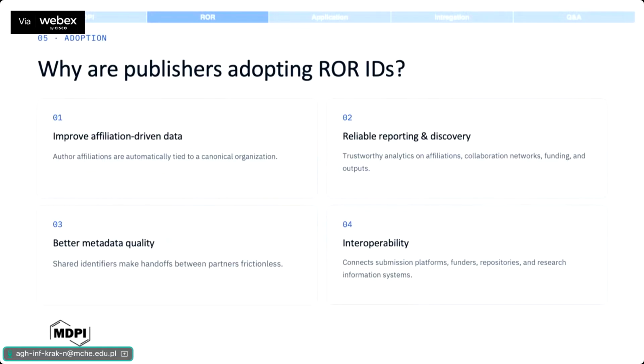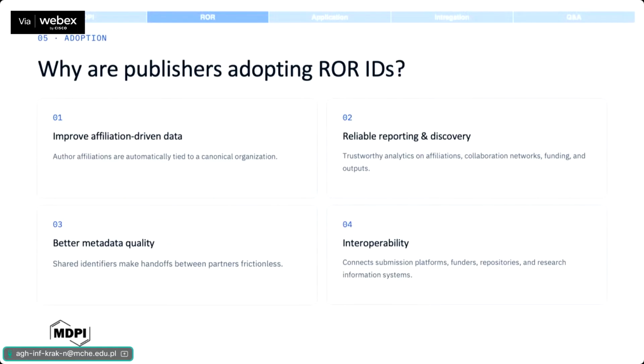MDPI adopted this registry and these ROR IDs because we can improve affiliation-driven data. When we publish a paper, authors give us their affiliation as a string, and then we can map these strings into these IDs and drive analytics on top of it.